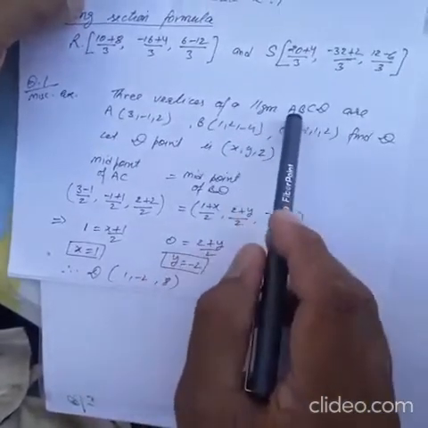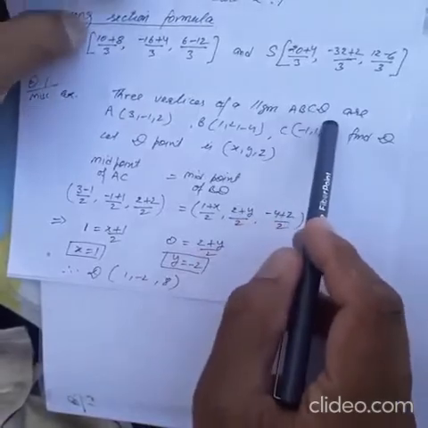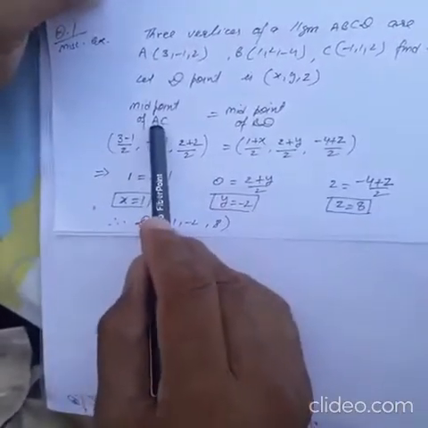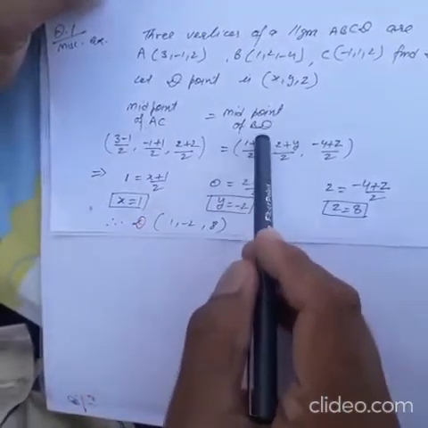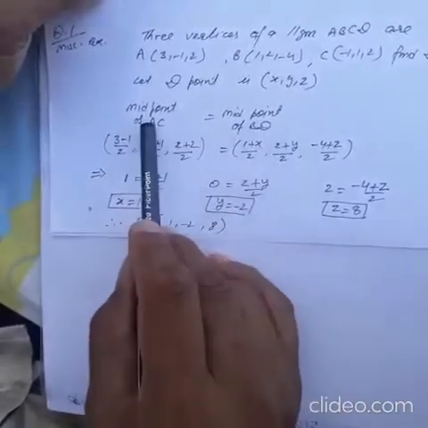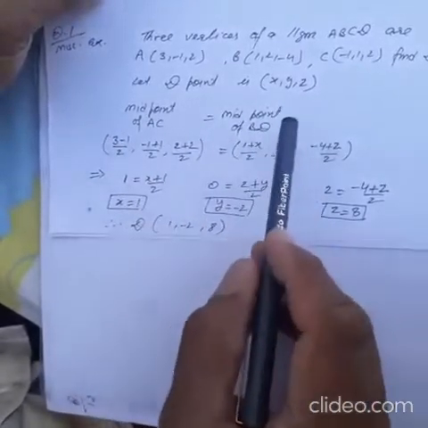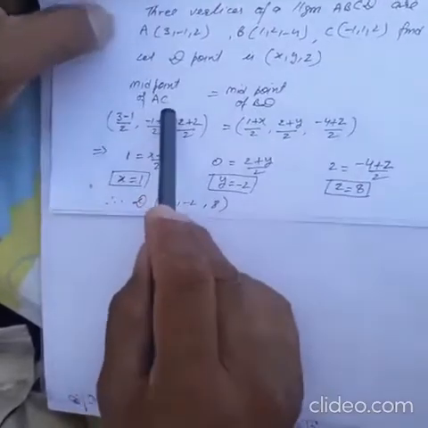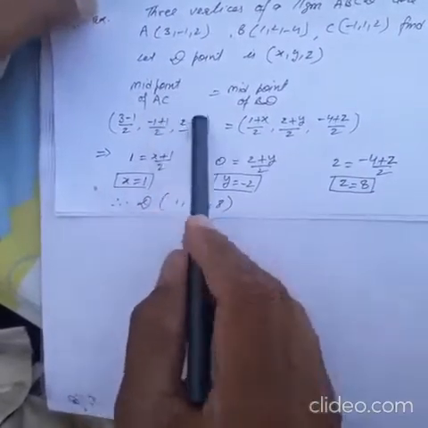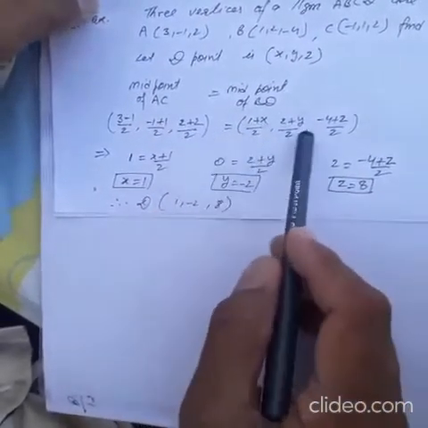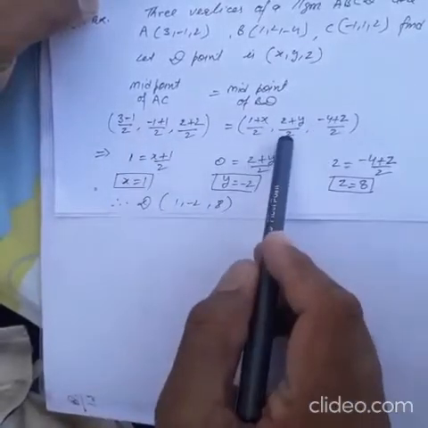It means the diagonals will be AC and BD. So midpoint of AC will be equal to midpoint of BD. So AC and BD are bisecting each other. Find out midpoint of AC using the formula, find out midpoint of BD using the formula and put them equal.